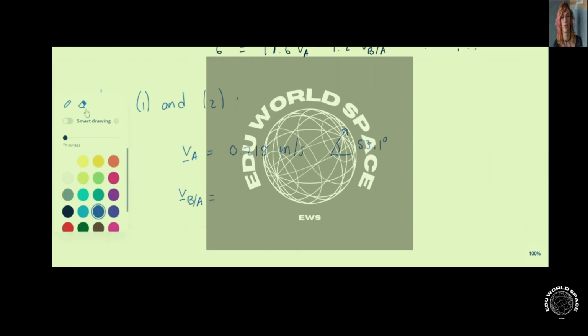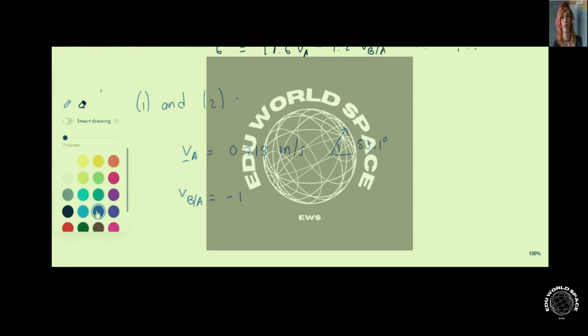And from the simultaneous equations, we get vB/A to be minus 1.8, not 18, but 1.8 meters per second.